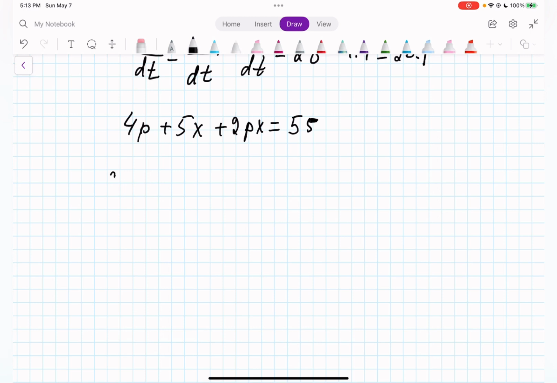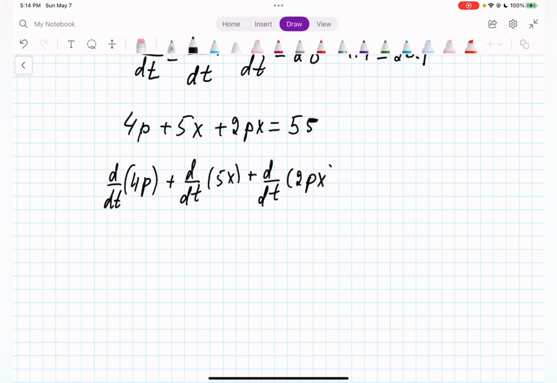So it's going to be d by dt of 4p, plus d by dt of 5x, plus d by dt of 2px. Why are we taking d by dt? Because it's a rate of change. It's related to time, and in this case time is counted in days. And the derivative of 55, a constant, is going to be 0 anyway.